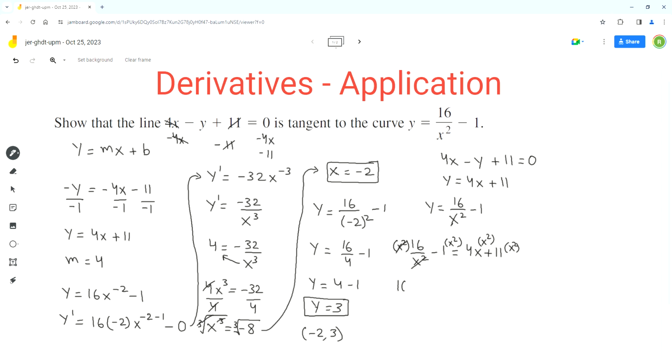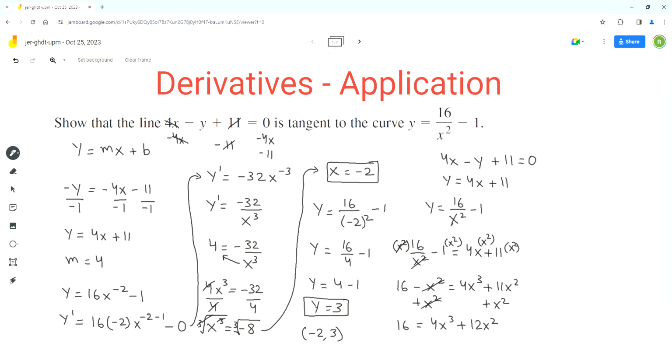So we get 16 minus x squared equals 4x cubed plus 11x squared. And now we can move the x squared to the right side. So we add x squared to both sides. The x squares on the left side cancel each other out. So we get 16 equals 4x cubed plus 12x squared.